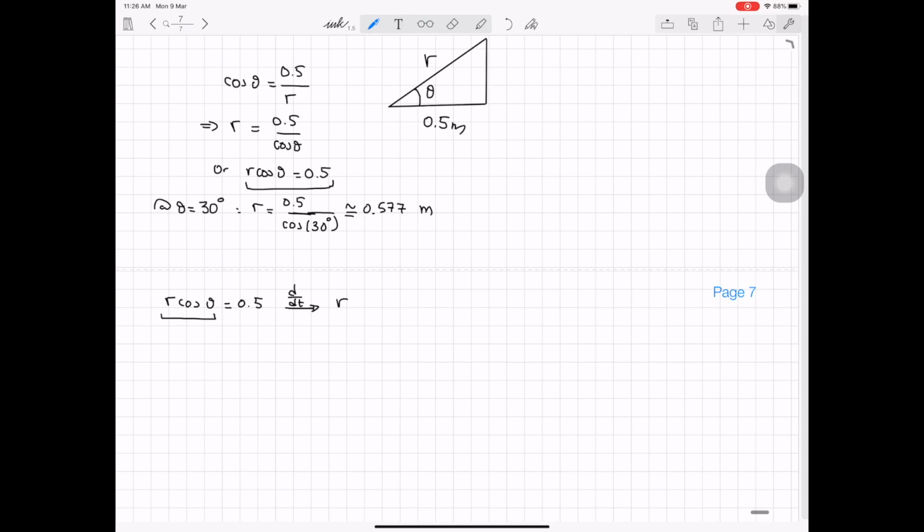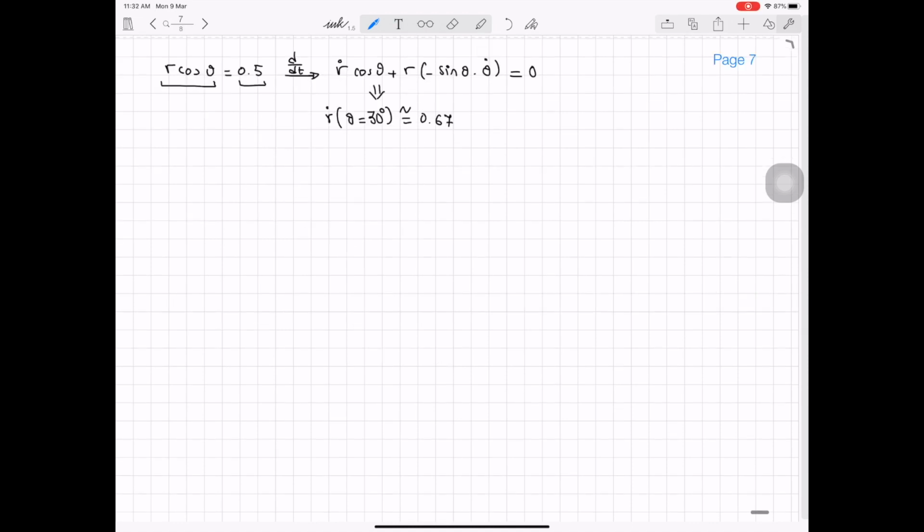So we will get r dot cosine theta plus, you put back r, then you differentiate cosine theta with respect to time, so it will be minus sine theta times theta dot, is equal to, what is the derivative of 0.5 with respect to time? It is 0 because it's constant. So from this equation, we can calculate r dot at theta equal to 30 degrees. So this will be equal to about 0.67.